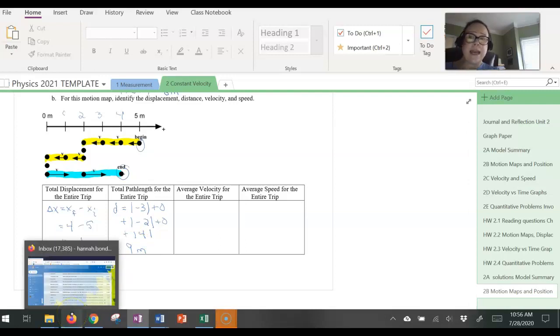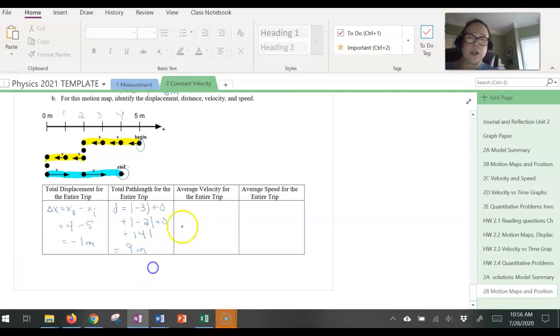Okay, now let's look at the average velocity. So velocity is the total displacement divided by the elapsed time. It was displaced -1 meters. Oh, look, do we know the elapsed time? That's a little bit harder with the motion map. That's not too hard, but let's look at this. Remember, when you're looking at a motion map, the first dot, this is time 0.